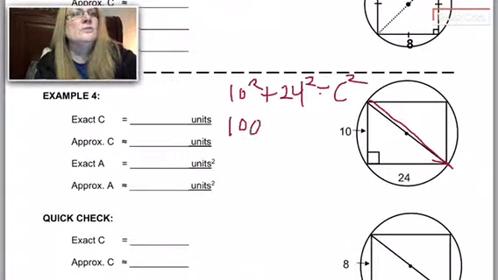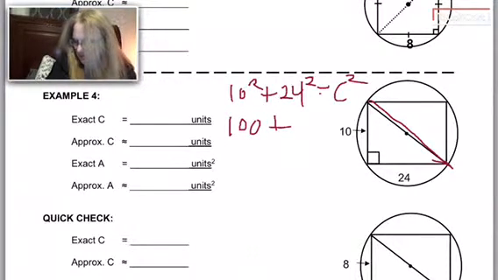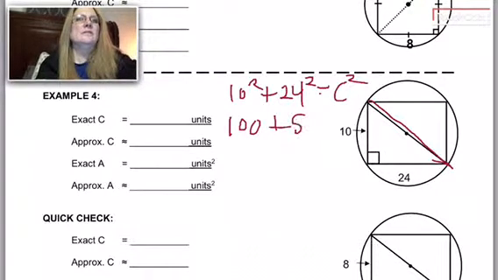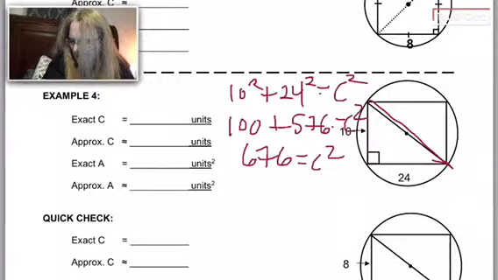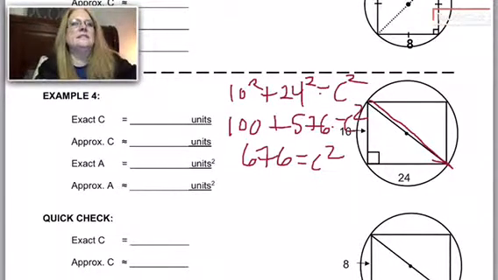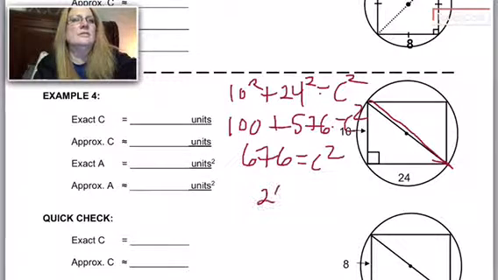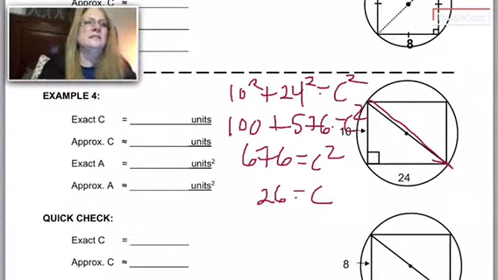So 100 plus 576 equals c squared. So 676 is equal to c squared, and the square root of 676 is 26. So c is equal to 26.